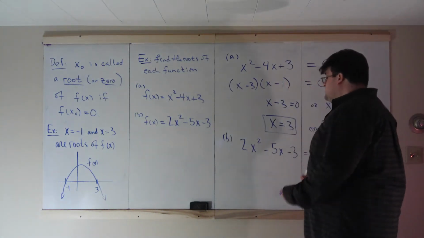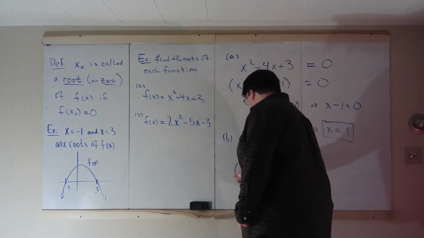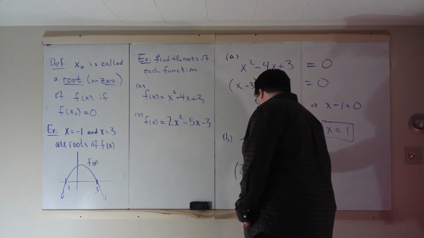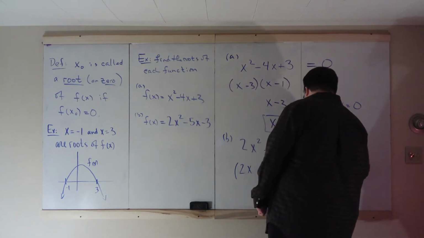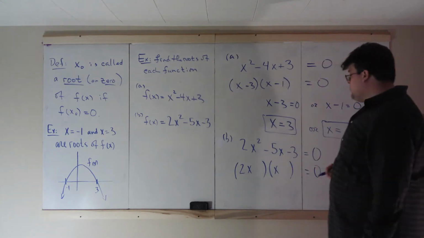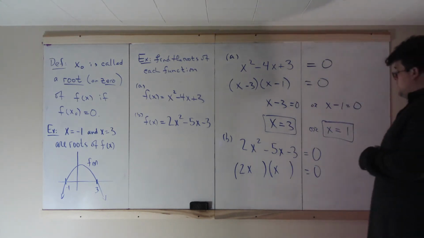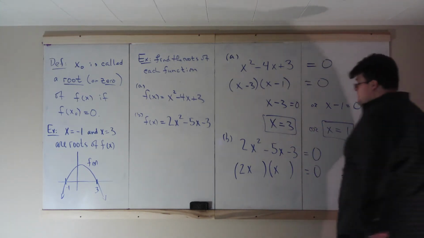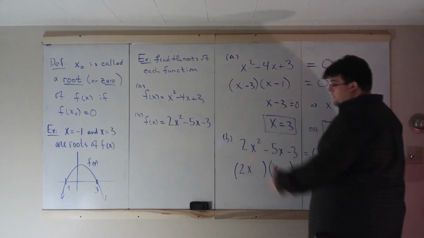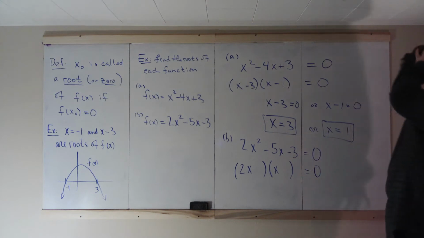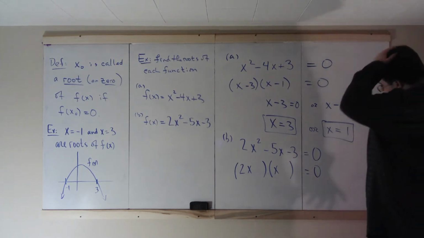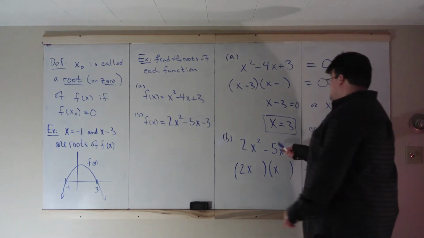But when it is a prime number like 2, it does make your choice a little more clear. Because the only way you can make it 2x squared by splitting the x's is by taking a 2x and an x. Well, now we need numbers which make negative 3, and numbers which make negative 5.